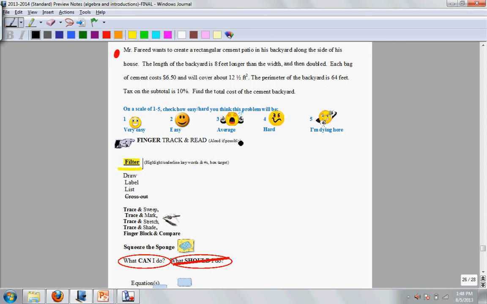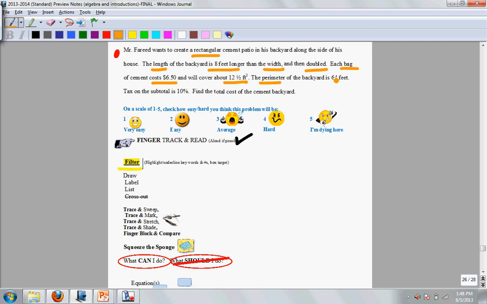Okay, so check number 1. We finger tracked and read. Filter. It's a rectangle. The length of the backyard is 8 feet longer than the width, then doubled. Each bag of cement, so bag, costs $6.50 and covers about 12.5 feet squared.